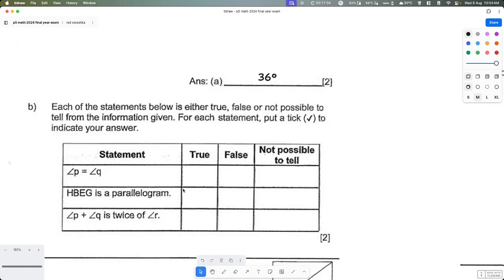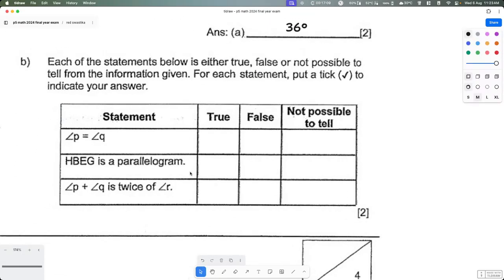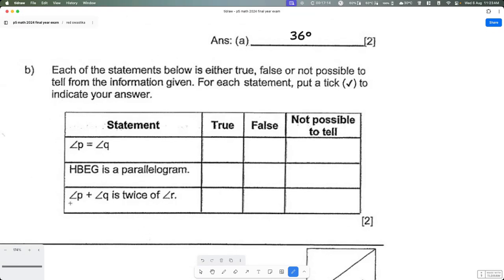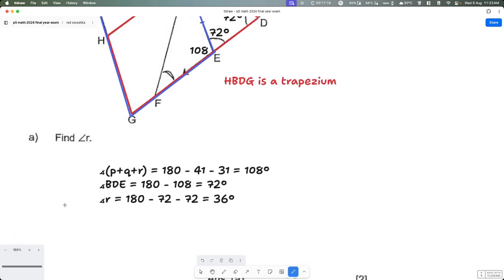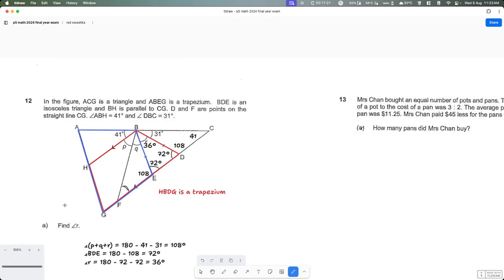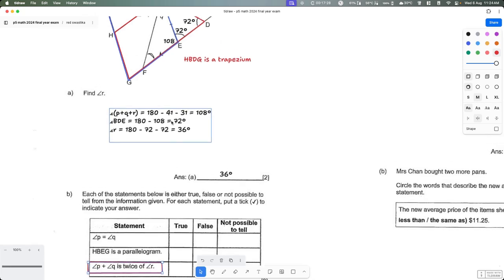Next one. Each statement below is either true, false, or not possible to tell from the information given. For each statement, put a tick to indicate your answer. So let's go through each of the statements. Let's do the last statement because it's easy to see. If I zoom out a bit, P plus Q is twice of R. Let me make it red so we know what we're looking at.